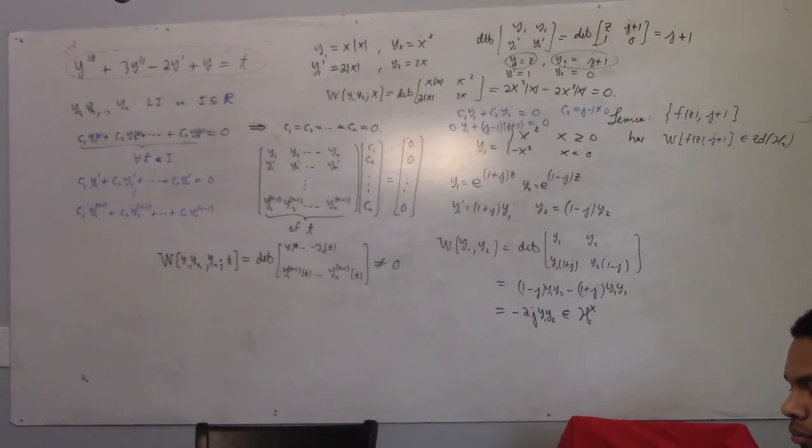Then if y solves the homogeneous equation, L of y equals 0, there exist unique constants C1 through Cn such that... nothing. So this is the general solution theorem. You pick any solution to your nth order problem.